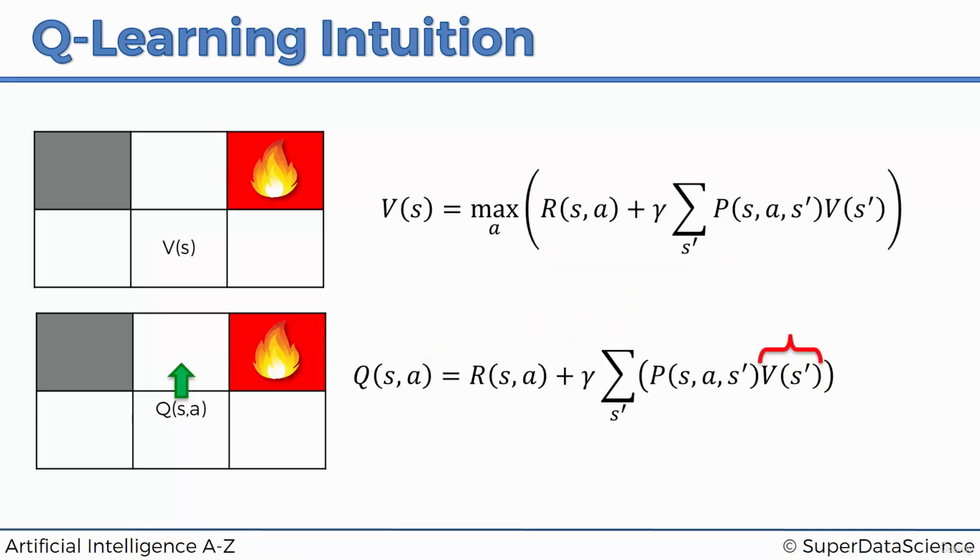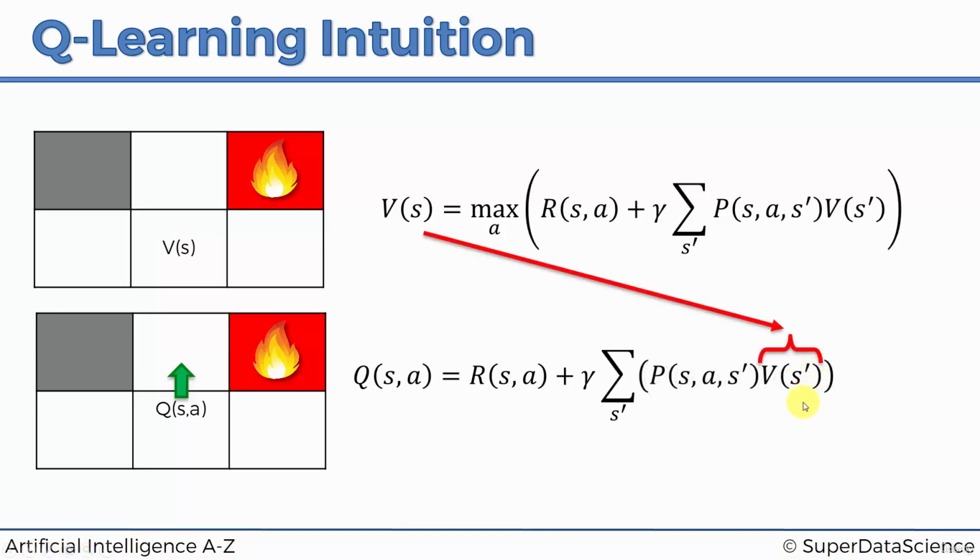We're going to take this V of the next state, and we're going to plug this into that formula over here. And as you can see now, this part doesn't change, this probability doesn't change. But as we just discussed, V of S is the maximum over all actions of Q of S and A, right, over here. So that's what we're going to replace in here. We're going to say a maximum, of course, over the new action, the action that we're going to take, because here we've got V of S prime.